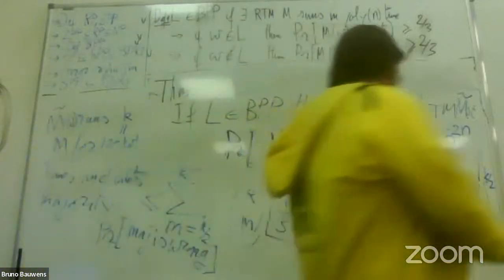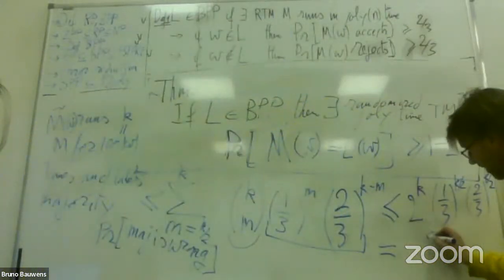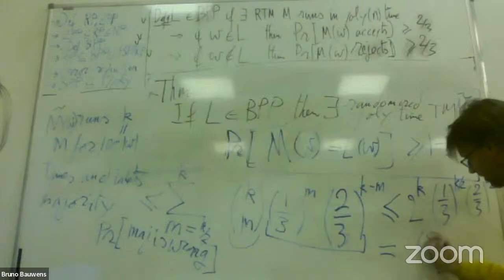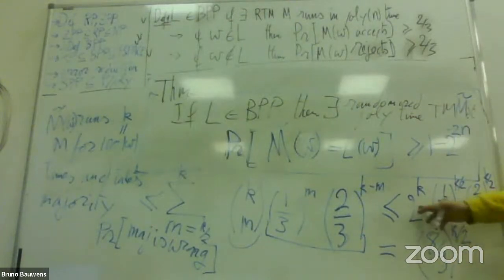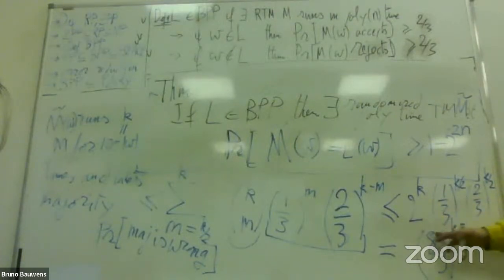So this is our bound, and this is equal to 8 over 9 to the power K over 2. And 1/3 times 2/3 is 2 over 9 to the power K over 2. So I change it to 4 and put it in. So we have 8 over 9 to the K over 2.